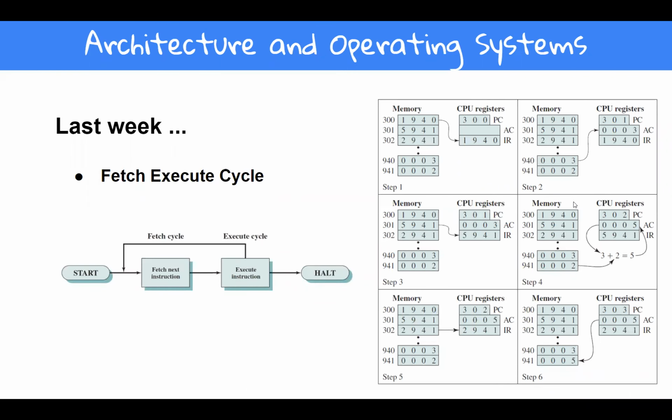What we did last week was discussing fetch execute cycles. I gave you a numerical example of how to add two numbers, and we learned what happens in fetch cycles, in reading instructions, and in executing instructions, implementing what we save on the memory as instructions.